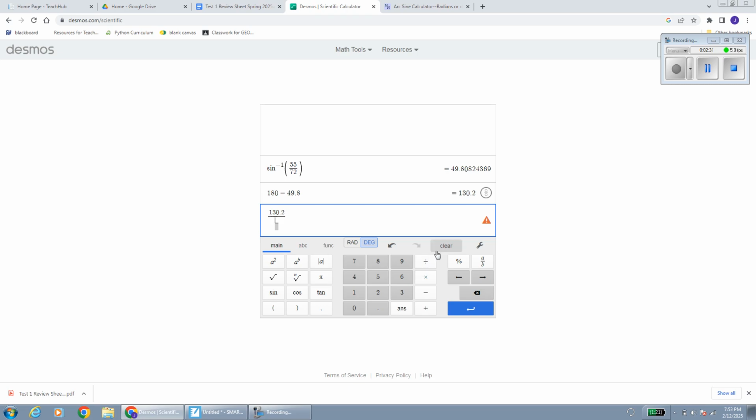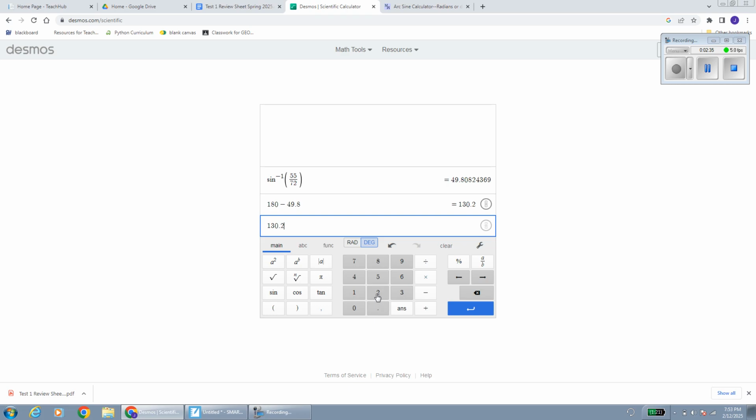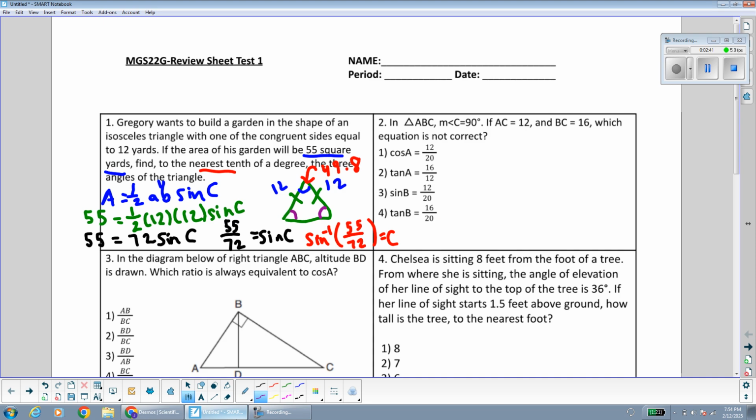Let me clear that. And I get 65.1 degrees. So each of the other angles is about 65.1 degrees. So those are the three angle measurements, 49.8 and two 65.1 degrees.